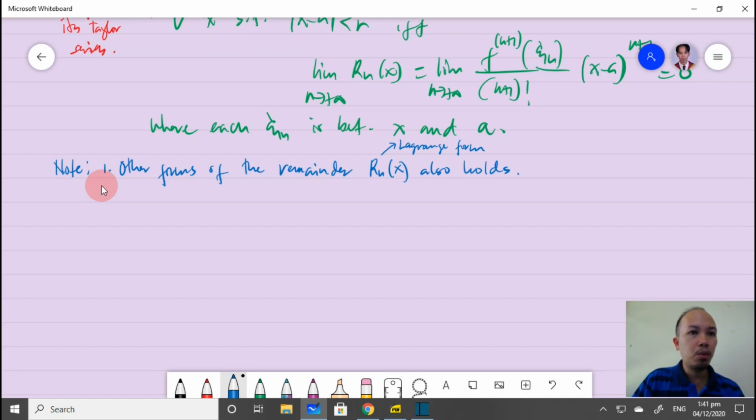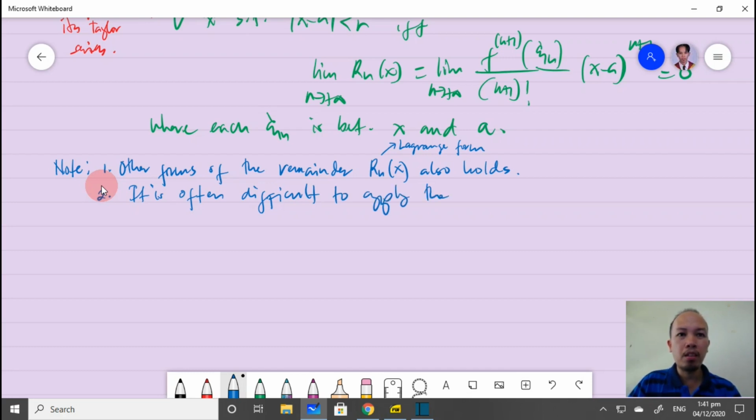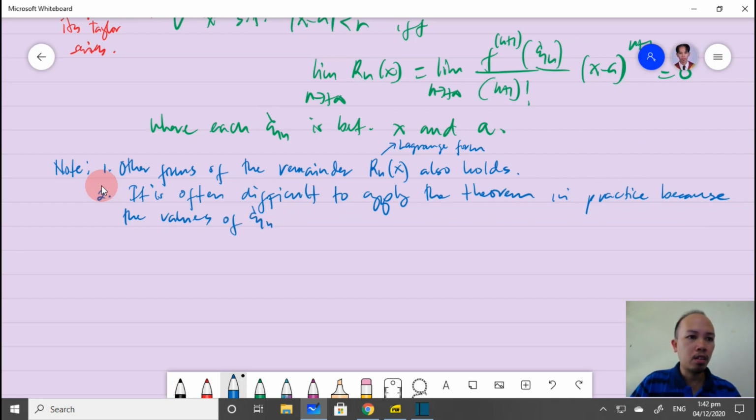Other forms also hold. Second, it is often difficult to apply the theorem in practice, because the values of psi sub n are arbitrary.